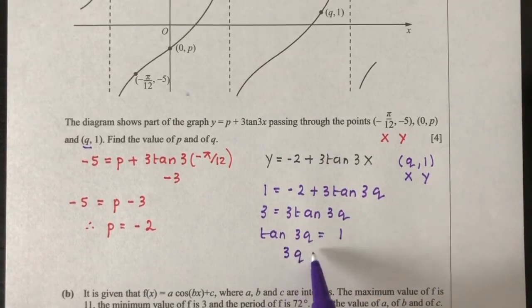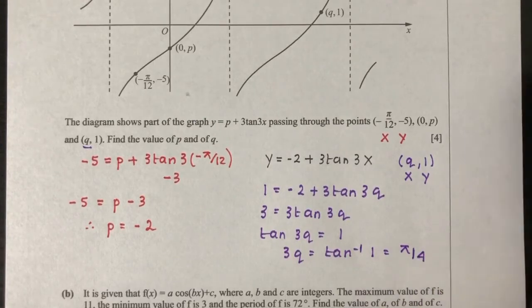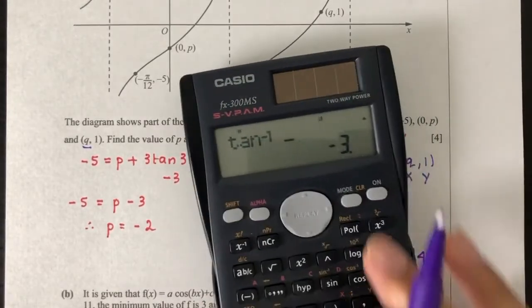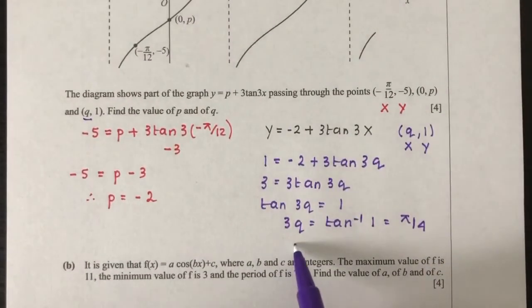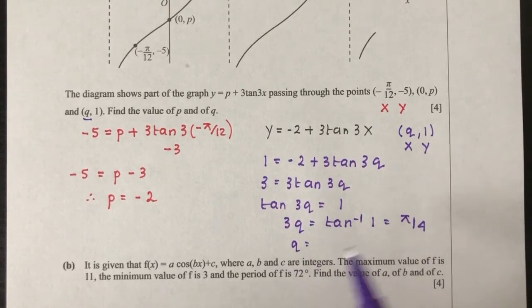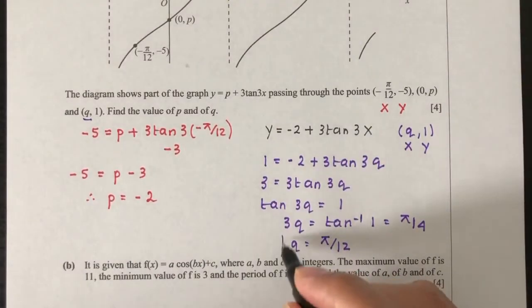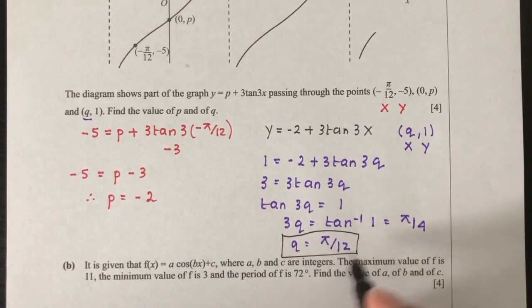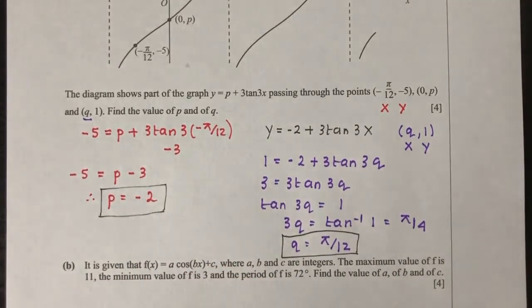So 3Q will be tan inverse of 1, which is pi by 4. You can check, let's use degrees so you can know: tan inverse of 1 is 45 degrees, which is pi by 4. Now Q will be this divided by 3. That will be pi by 12. That is your value of Q, and the value of P. Okay, and that is for part 1.